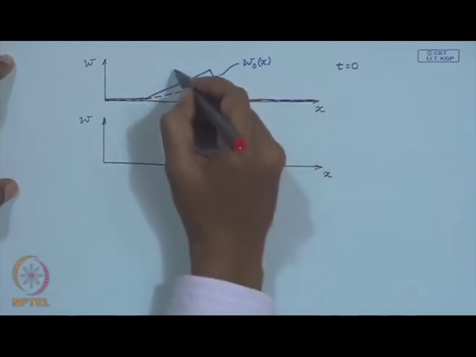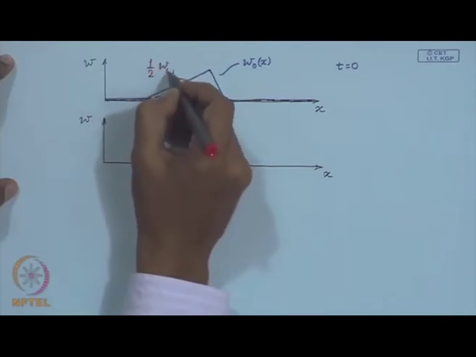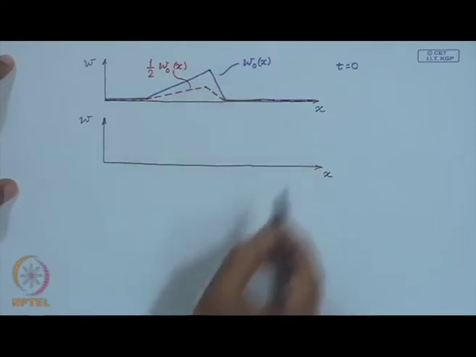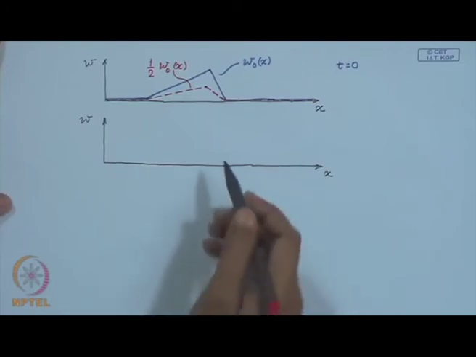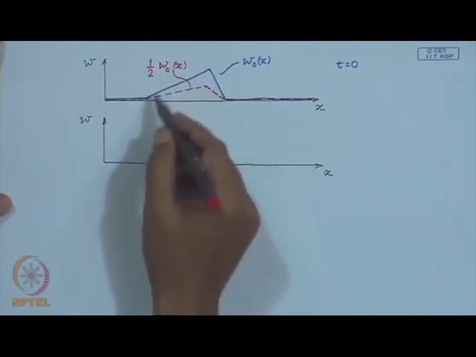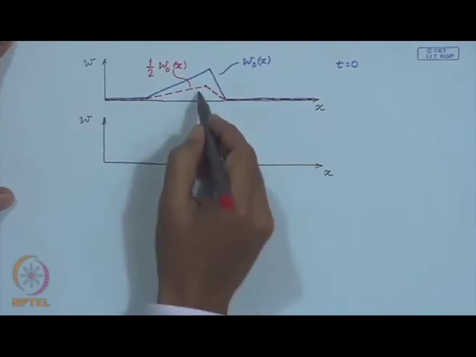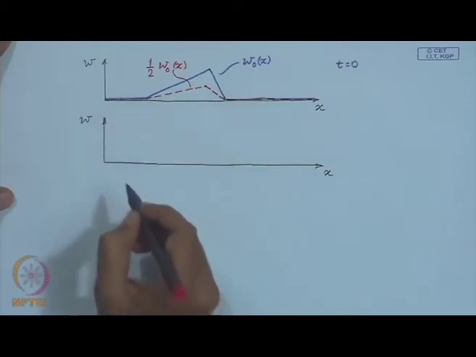So, this is one half of this function. Now, one half will travel in the positive direction and one half will travel in the negative direction.